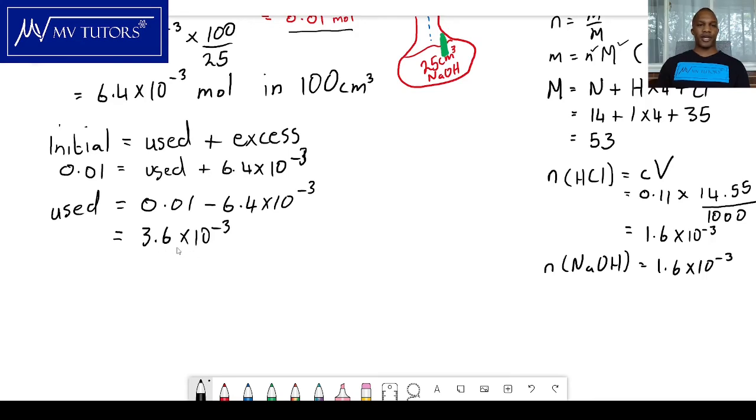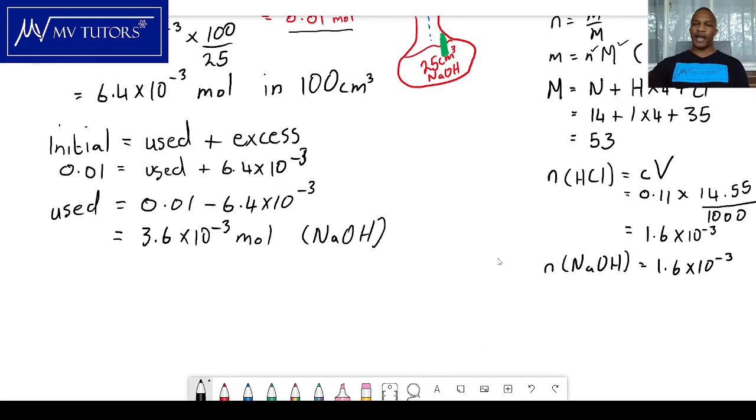But anyway, we get 3.6 times 10 to the power minus 3 mole. Okay, so let's think about this clearly. This is mole of what? This is mole of sodium hydroxide.